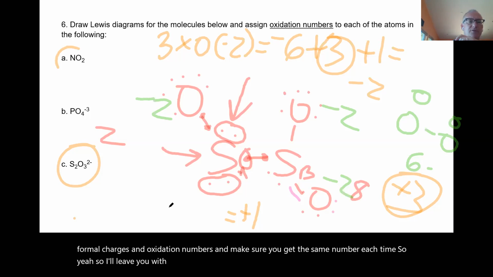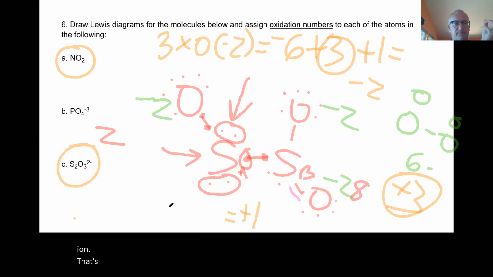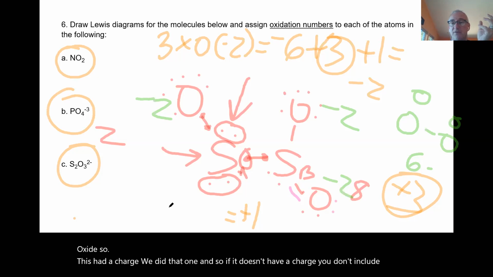So remember, NO2 doesn't have a charge, so that's not the nitrite ion. That's nitrogen dioxide, mononitrogen dioxide. The one with a charge, we did that one. If it doesn't have a charge, you don't include extra electrons.